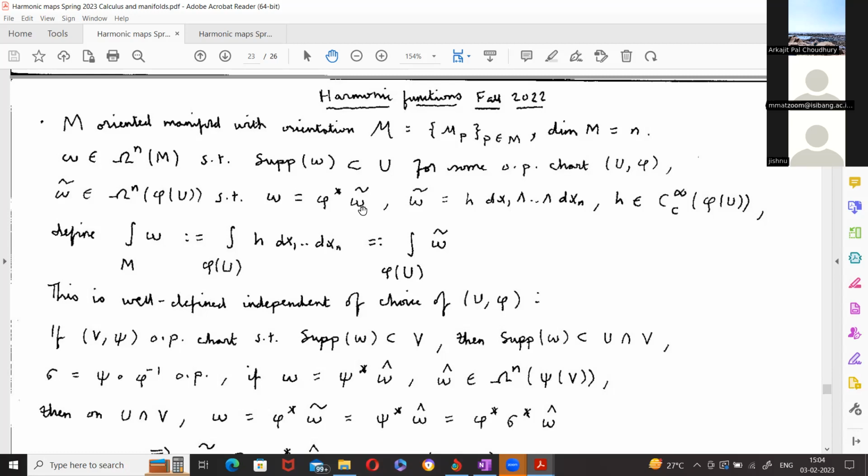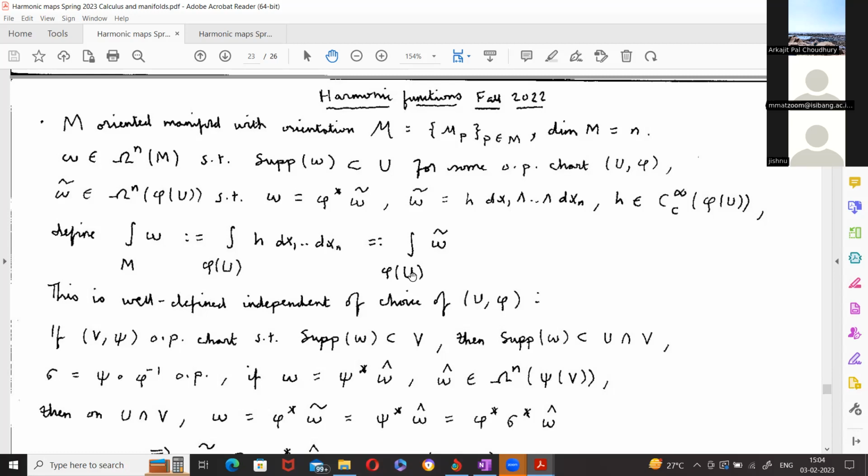So omega tilde is of the form h dx1 wedge ... wedge dxn, where h is a smooth function with compact support inside phi of U. Then we define the integral of omega over M to be the integral of this function h dx1 ... dxn over the image phi of U, which is by definition the integral of omega tilde over phi of U.